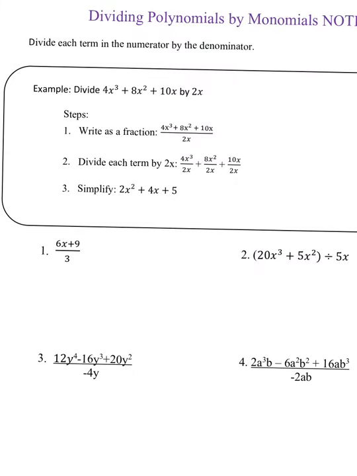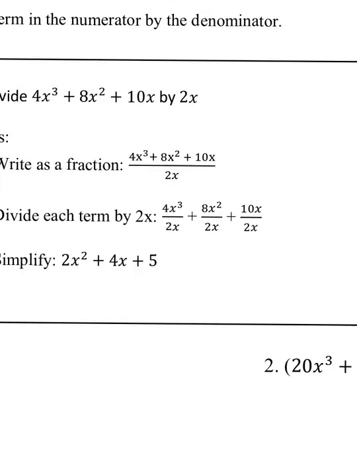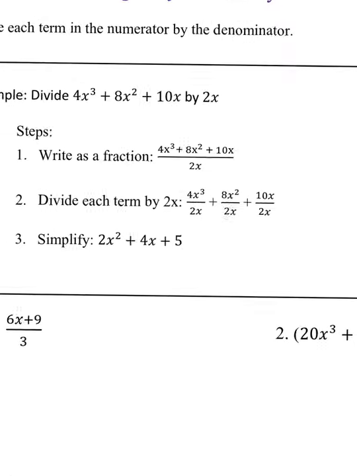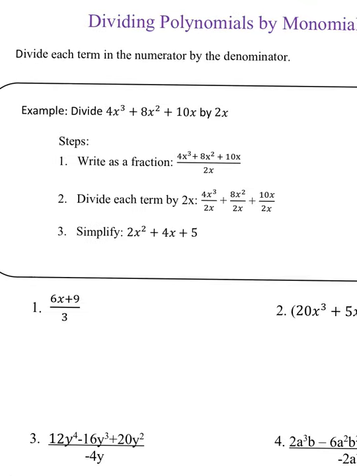So for example, if I say divide 4x to the third plus 8x squared plus 10x by 2x, there's 3 simple steps. First, we're going to write it as a fraction, so it should look like this. Then step 2 said to divide each term by 2x.